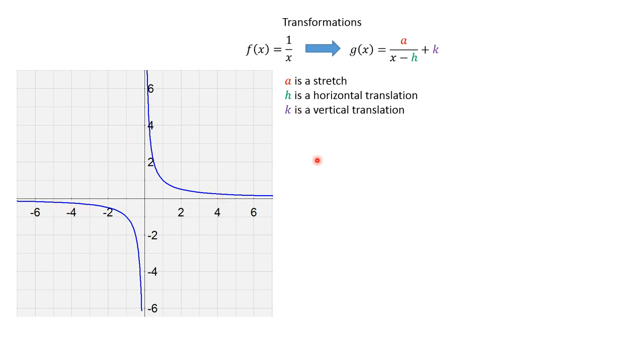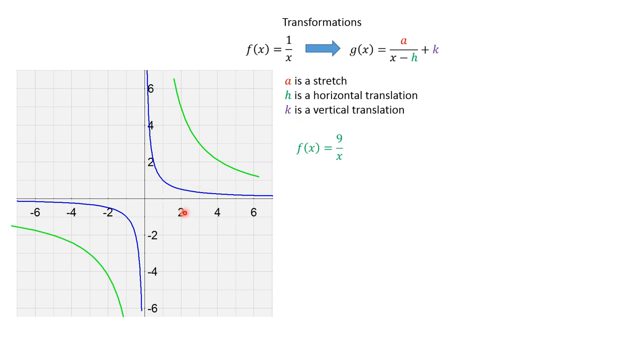If we wanted to do a stretch to get that a, say f of x equals 9 over x, that's going to pull the graph away from the origin, and it'll look like that. And keep going. The bigger this number is, the further away it'll be pulled. If we zoomed out, it would actually look the same as the blue one, but we'd have to take the blue one away.